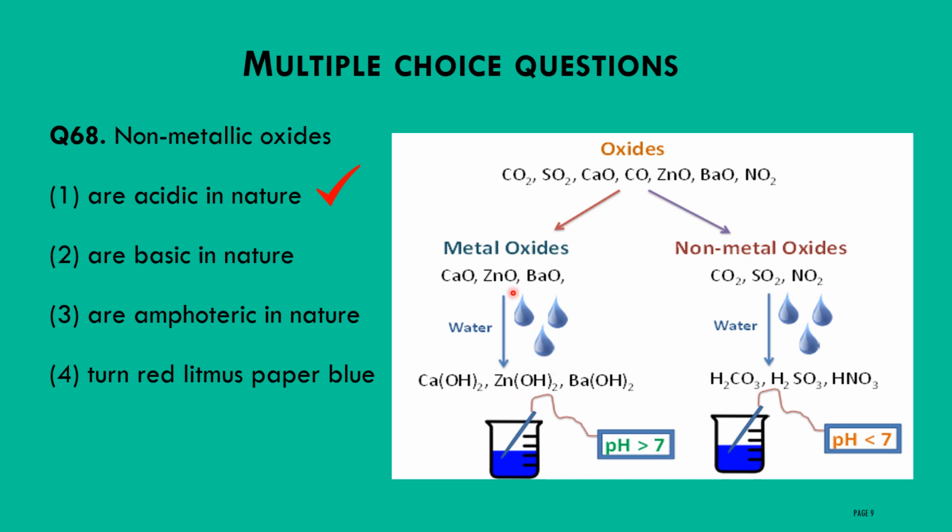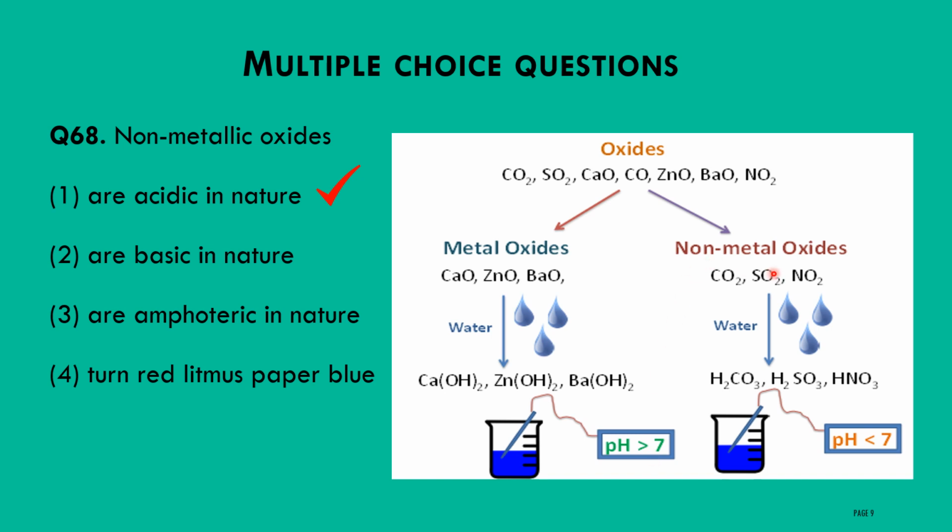These are basic in nature. Metal oxides are basic because pH is greater than 7. If a compound has pH greater than 7, we call it basic in nature.